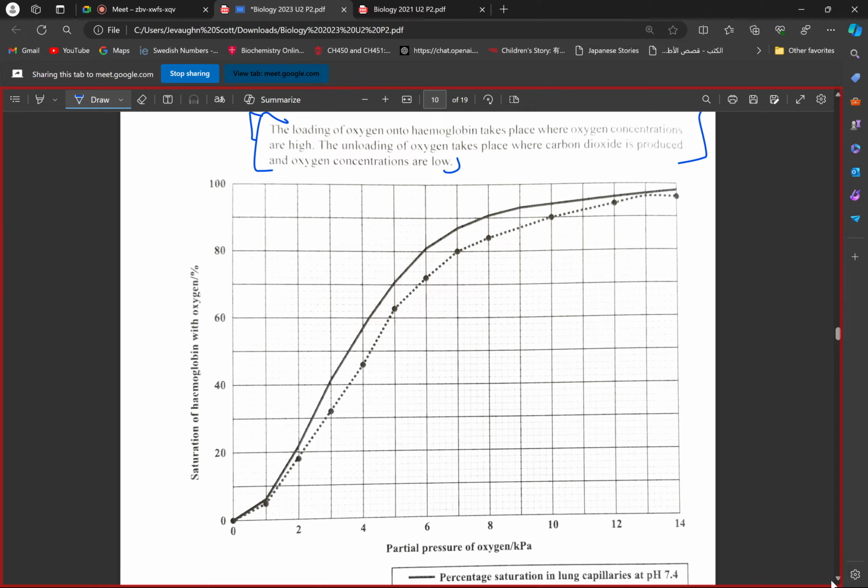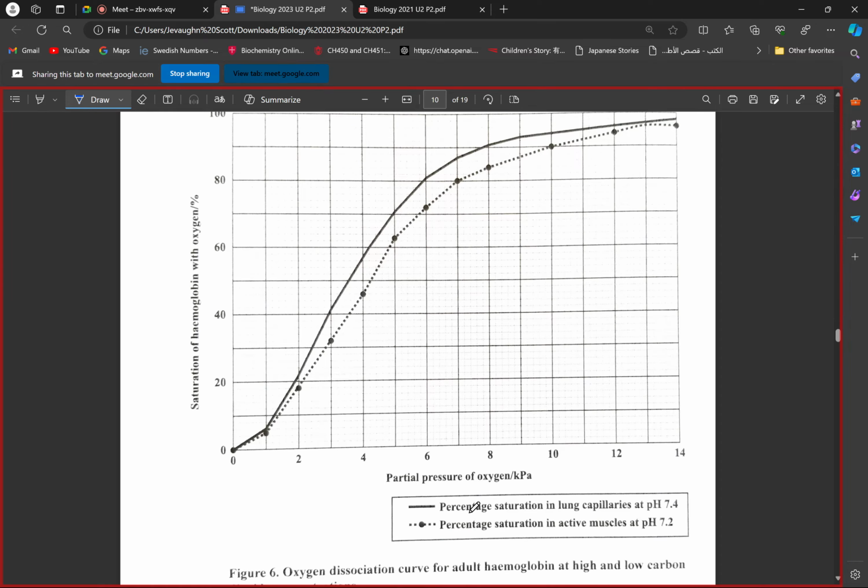It is also important to note here that the pH in the lung capillaries is alkaline, right? Well, both of them are alkaline. This is 7.4, and this one is 7.2. And could anybody just restate what the Bohr effect is? Tell me what the Bohr effect is.